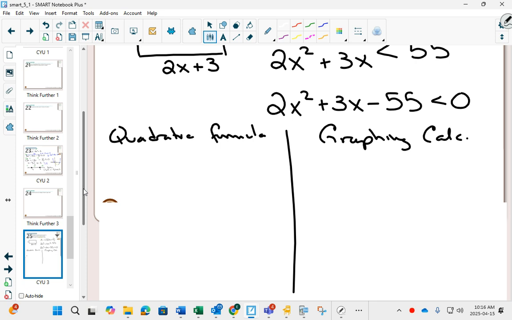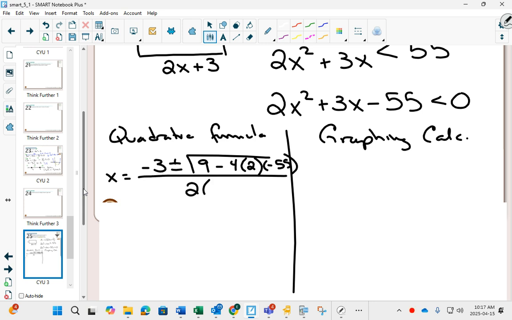Because it would have to be a calculator question if it's to the nearest tenth. So if I'm using my quadratic formula, I want to solve for x. So x would equal negative b plus or minus the square root of b squared minus 4ac, all over 2a.